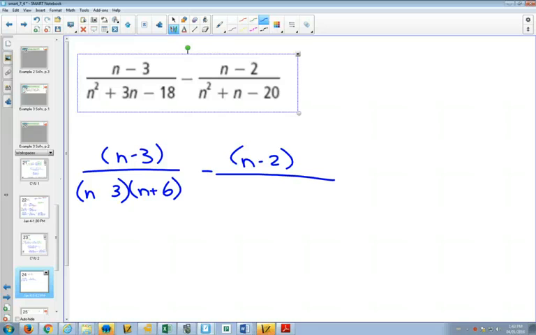The 6 is positive, the 3 is negative. Yes? And here, we're going to have plus 5 and minus 4. So everything is missing everything.